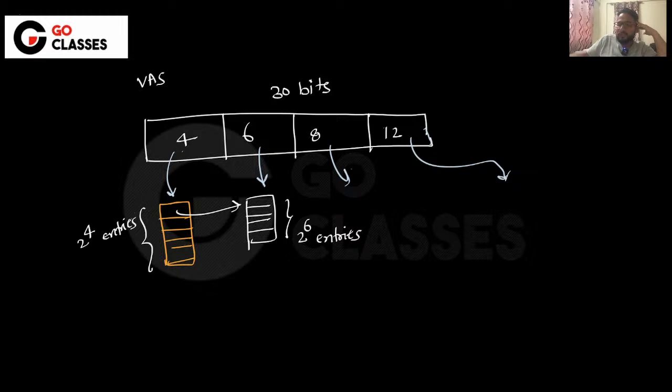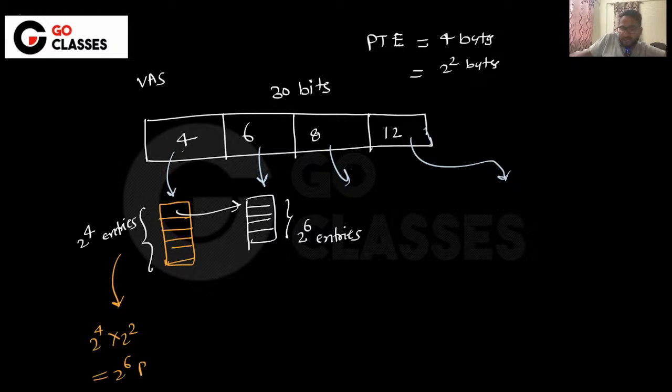Let's suppose the page table entry size is given to you, which is, suppose, 4 bytes, which is 2 power 2 bytes. Can you convert this number of entries to bytes? It is 2 power 4 into 2 power 2, which is 2 power 6 bytes, the size of the page table here. And similarly, this is 2 power 6 into 2 power 2, which is 2 power 8 bytes, right?